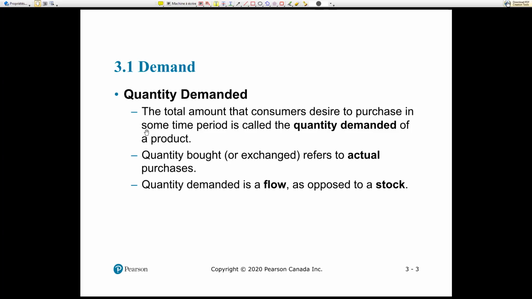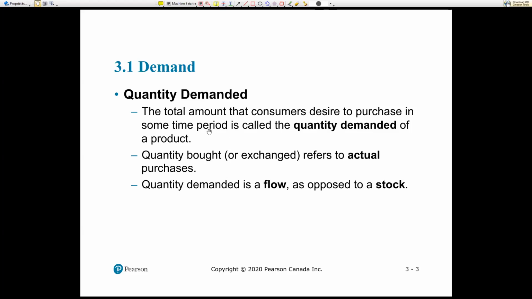So it means that it's a flow basically. If the price was always $20 or $10, then each week, for instance, this is how many chickens would be bought in Montreal or in Canada.